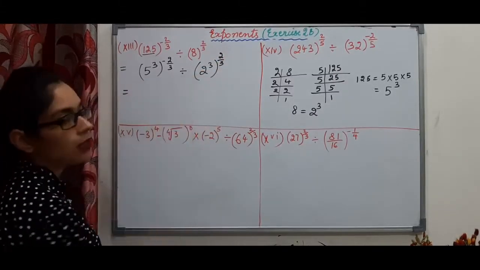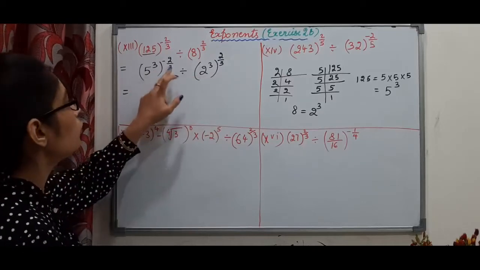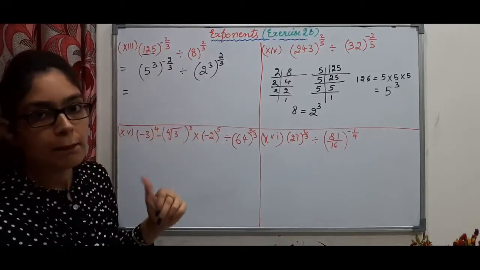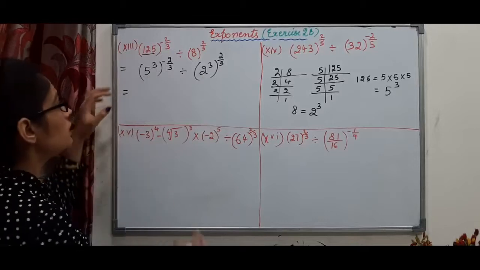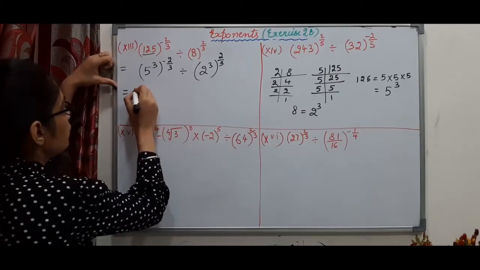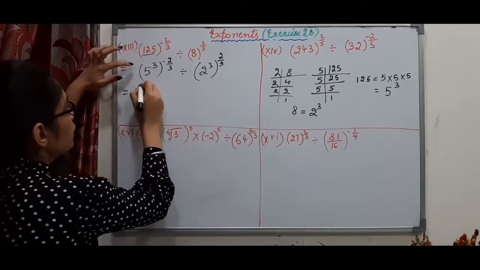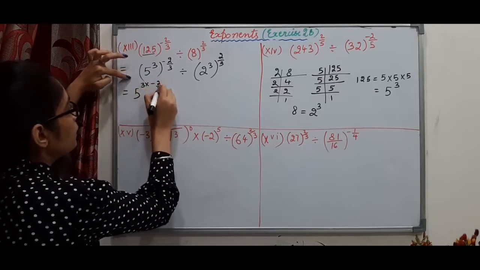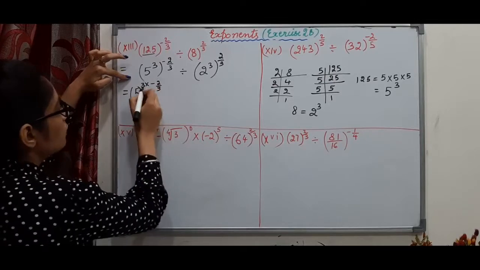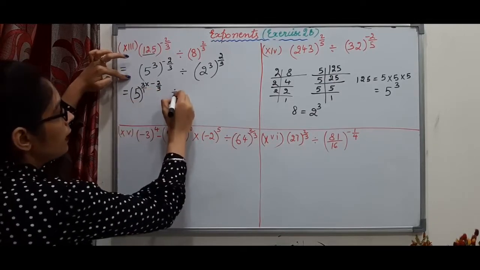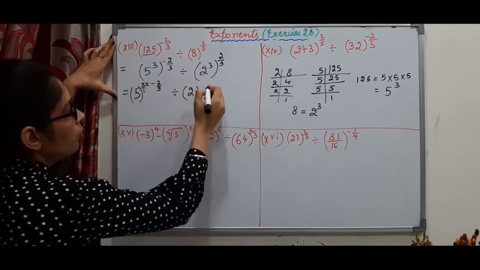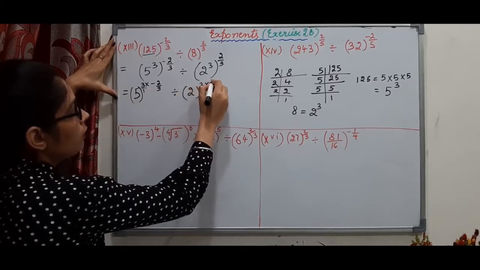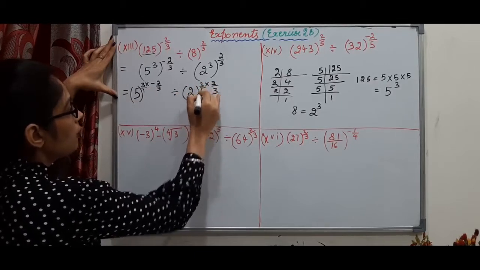Now we have got single terms with 2 powers, so we can apply the power rule here. We'll multiply the powers and make these 2 powers a single power. So 5 to the power 3 into minus 2 by 3, divided by 2 whole power 3 into 2 by 3. 3 by 1 we can write.